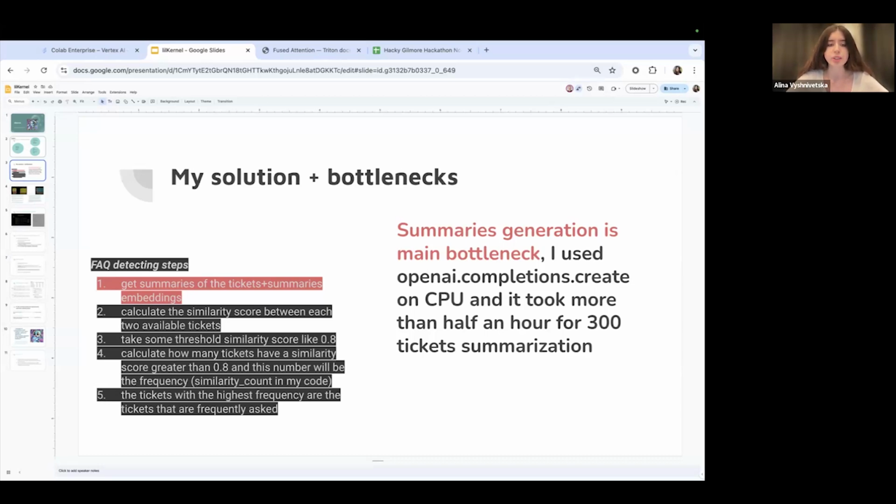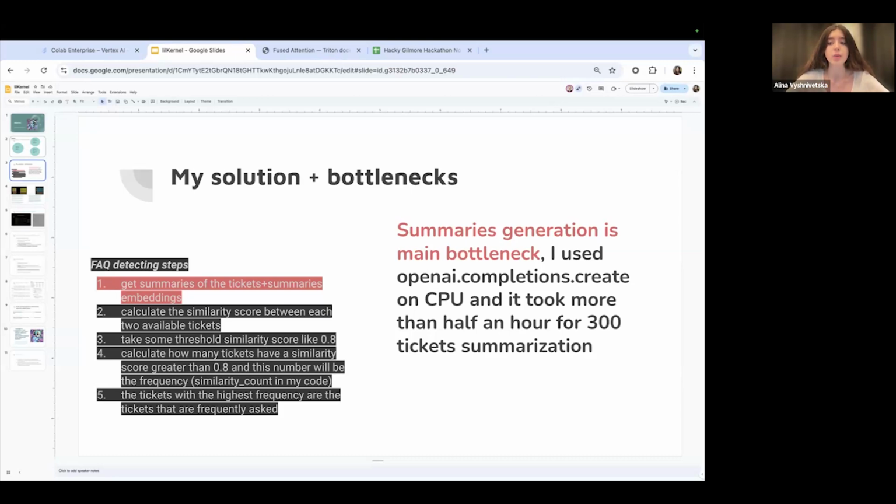You just get summaries and ticket embeddings, and then you calculate similarity scores between each two available tickets, and then take some threshold similarity score like 0.8, and you calculate how many tickets have a similarity score greater than that. This way, it's a form of clustering, and the tickets with the highest frequency are the tickets that are frequently asked, and it actually works quite well.